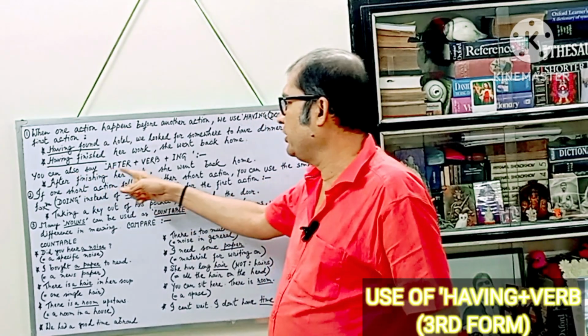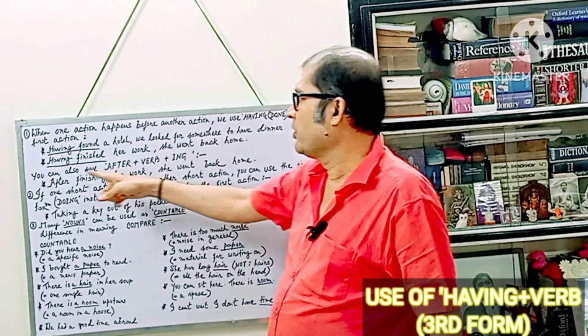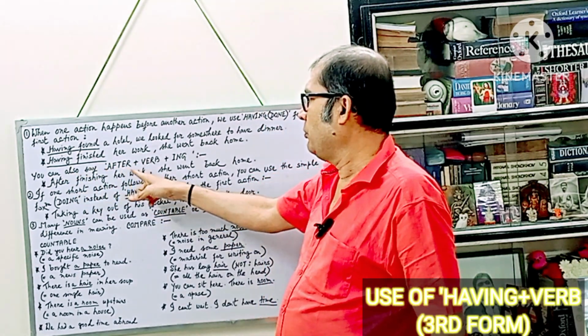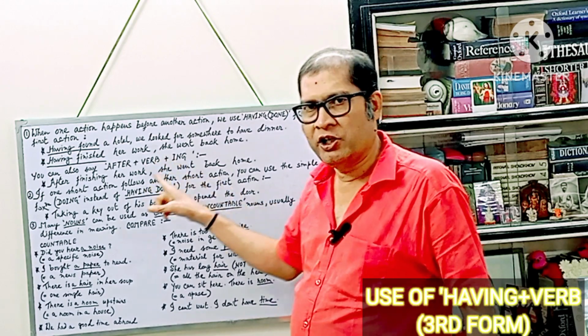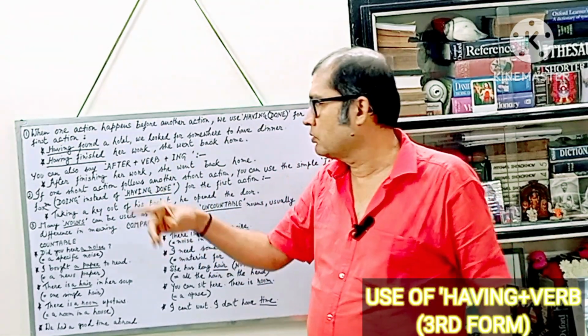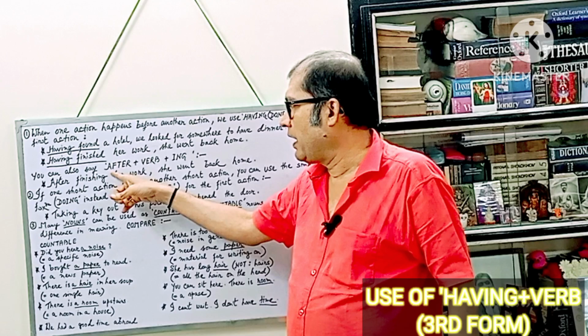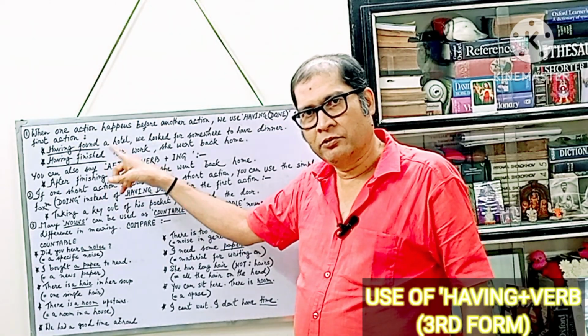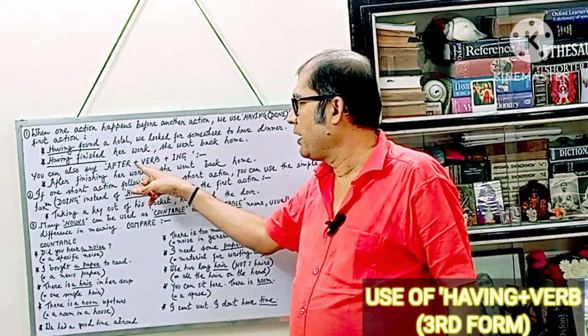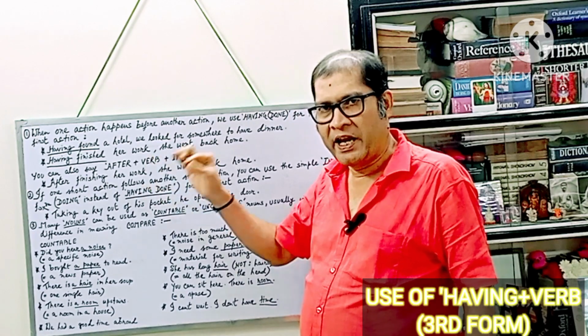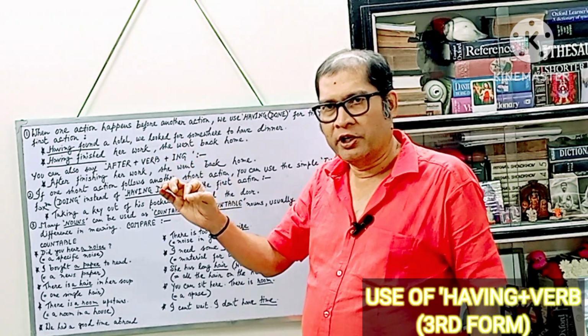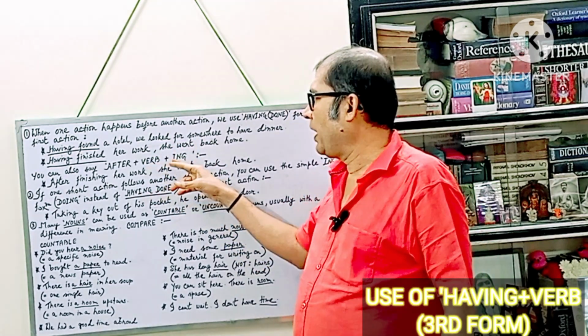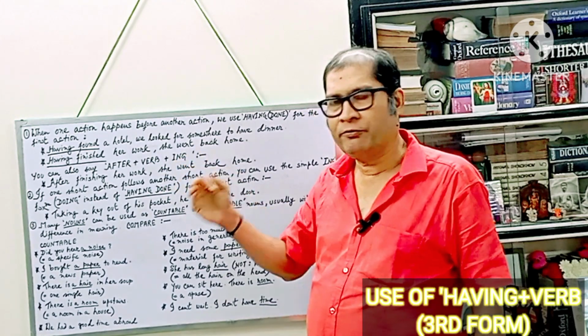In that case, follow this formula. You can also say after plus verb plus ing for the first action. You have to use the word after, plus any verb that you want to use, plus ing for the first action.